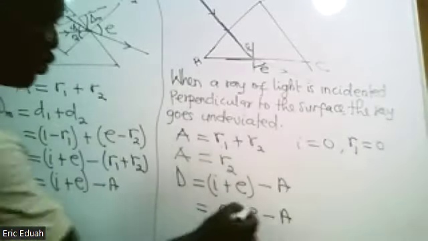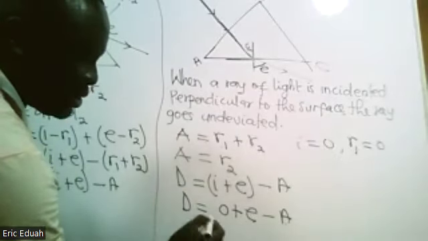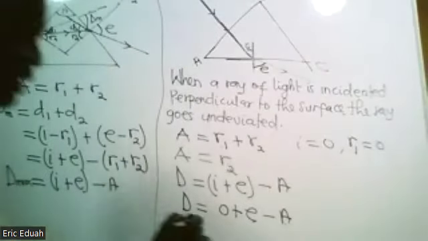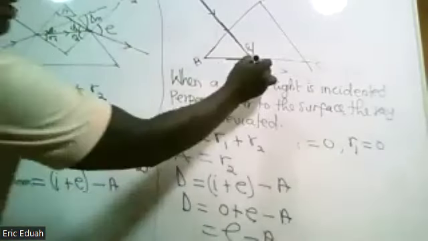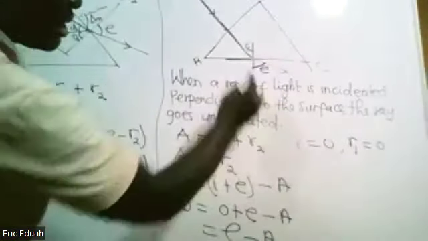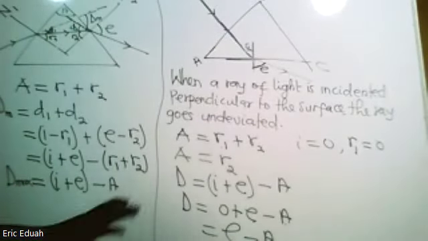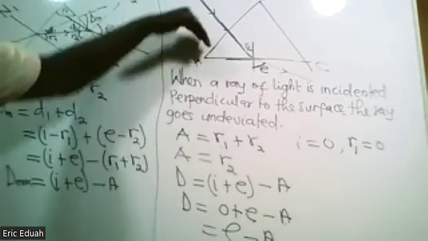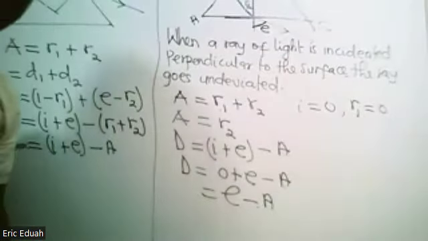So when you know A, which is equal to R2, you can always use this to find the total deviation, how the ray got deviated. And that will be equal to E minus A, the angle of emergence minus the refracting angle of the prism. So this is what happens when a ray is incident perpendicularly to one surface. All right.